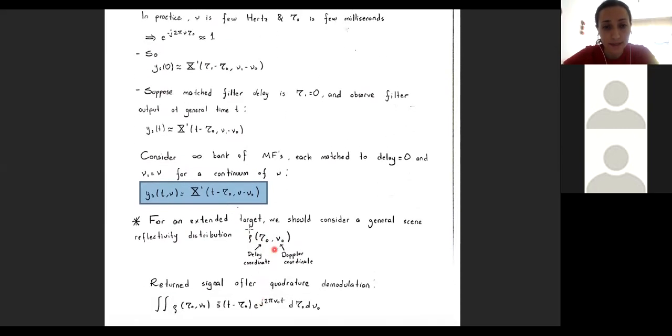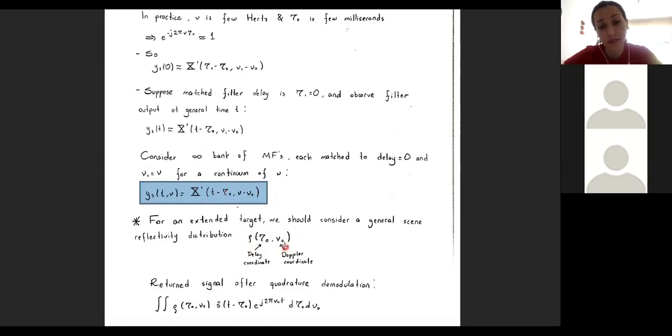If that is the case, then what will be the output of our infinite bank of matched filters? The output was this thing for a single point target. If we have an infinite amount of point targets, and for each point target we have this reflectivity factor, then we're going to multiply this reflectivity distribution by this function and integrate it over tau 0 and v 0.